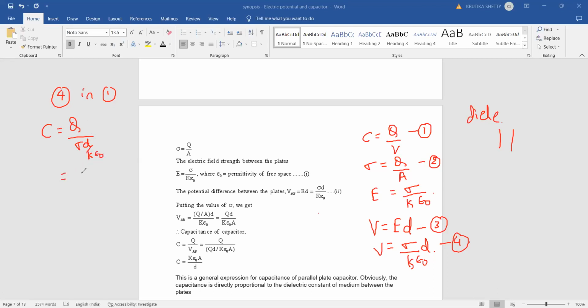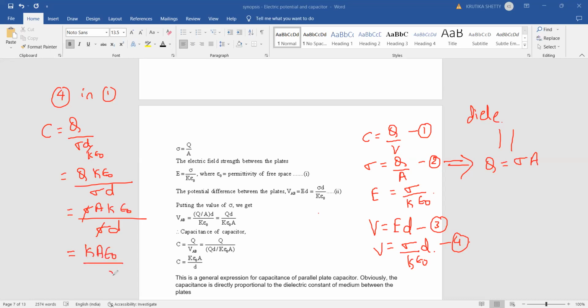Taking the reciprocal, it will be Q K epsilon naught upon sigma into D. From equation 2, Q is equal to sigma into A. Substituting the Q value, it is sigma into A, K into epsilon naught upon sigma into D. So sigma will get cancelled. Therefore, in the presence of a dielectric medium, the capacitance of a capacitor is K A epsilon naught divided by D.